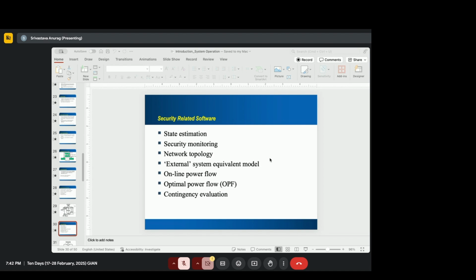Sir, and one more thing, does resiliency consider cyber attacks? In the field and in research, there are two different things. In the field, the resiliency concept does not exist yet, which means that no software has really integrated resiliency into the operational practices.